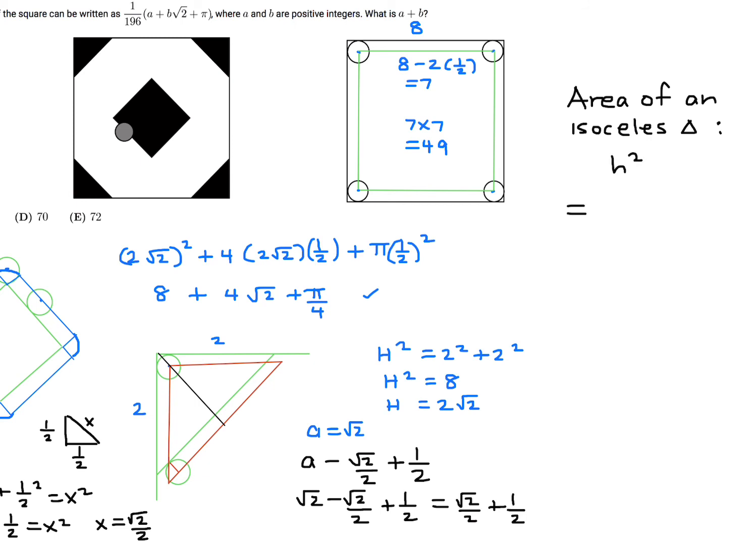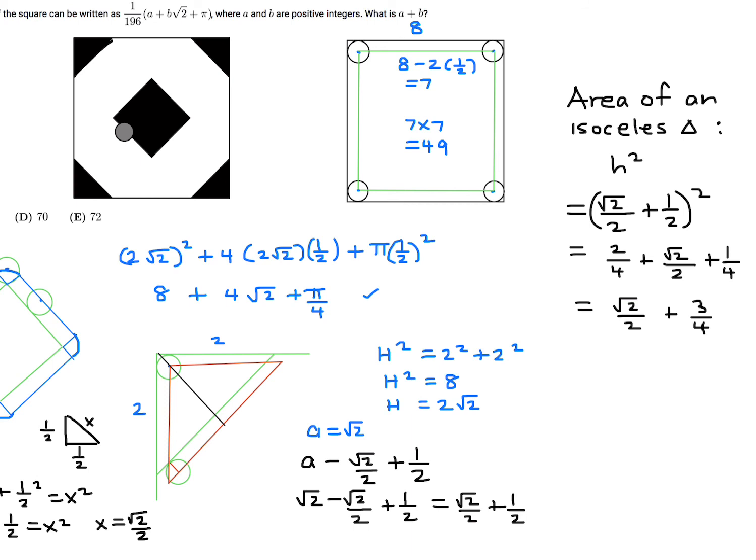So in this case, the height is root 2 over 2 right here, as you can see, plus a half, all squared, so that will be the area. So this is going to be 2 over 4 plus root 2 over 2 plus a quarter, and that looks like root 2 over 2 plus 3 over 4. Okay.